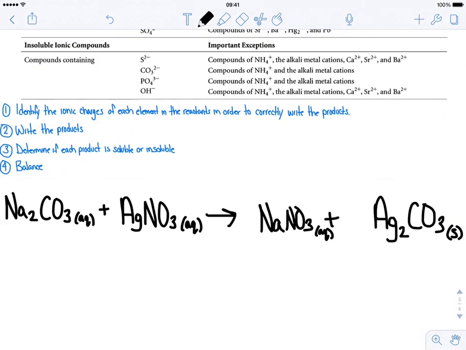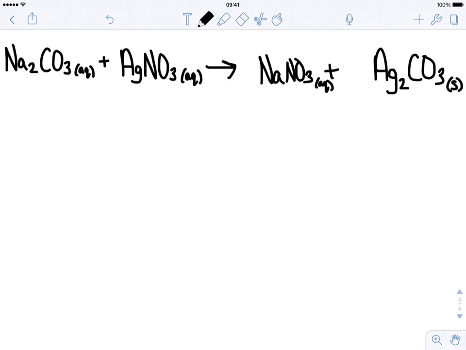Okay, now we've completed step 3. We've determined which of our products is soluble and which is insoluble. Now the last step is to make sure this equation is balanced. And again, when we balance, we want to keep our polyatomic ions together. And that will make our life a lot easier.